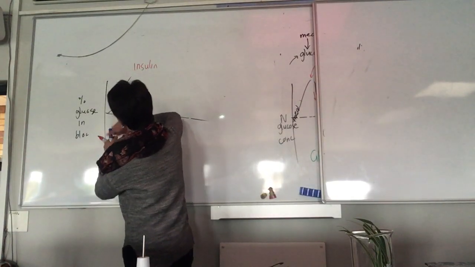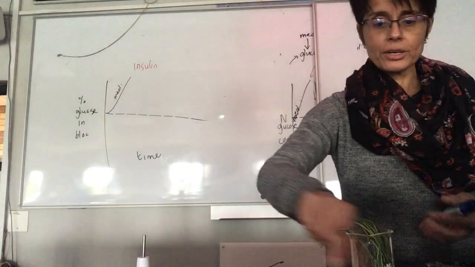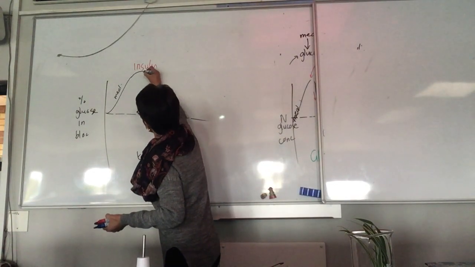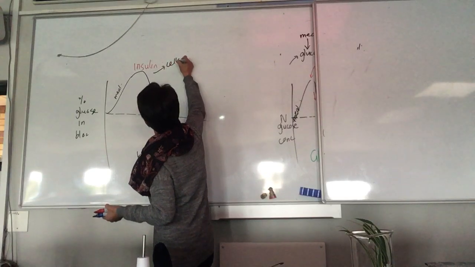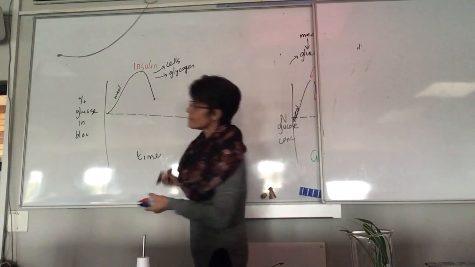And that's going to cause two things. It's going to cause the cells to take up glucose. So insulin is secreted and it's going to cause the blood sugar level to decrease because either the cells take up glucose or excess glucose is stored as glycogen in the liver and muscles.